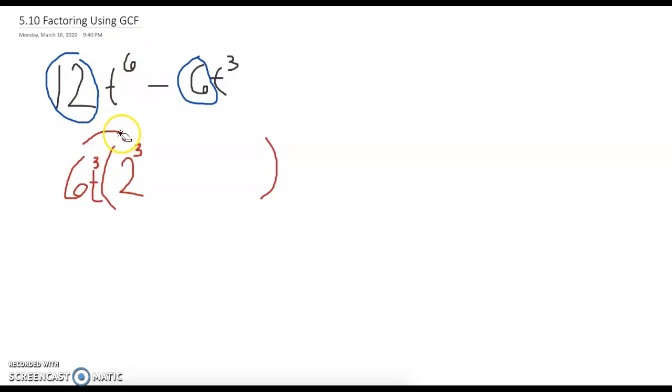The next step is to attack this one. We already have 6, we already have a t, we already have a cube. So all we need to do is multiply it by 1, so we simply put 1, because when we distribute this one, our answer will be 6t cubed.